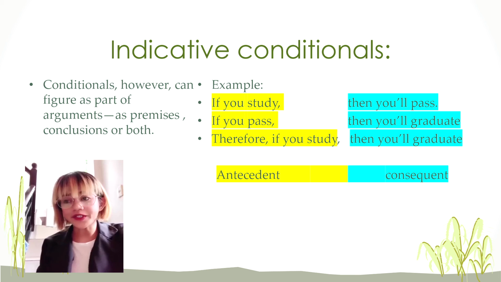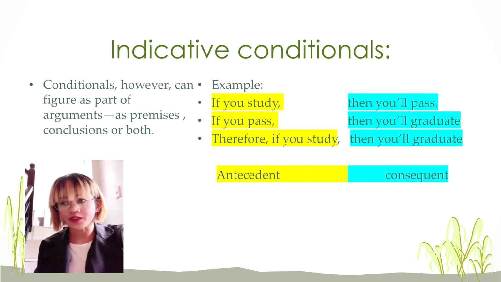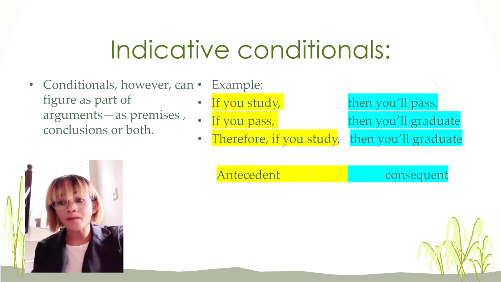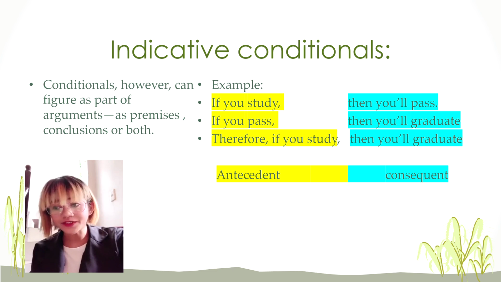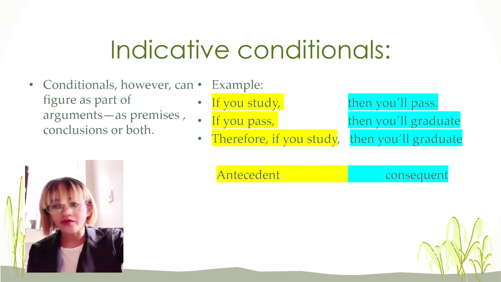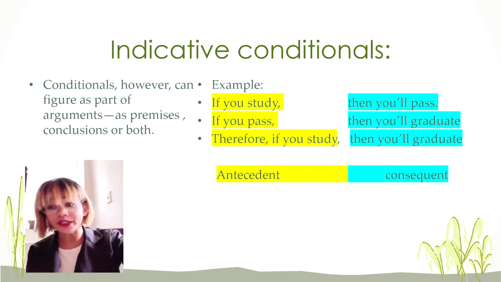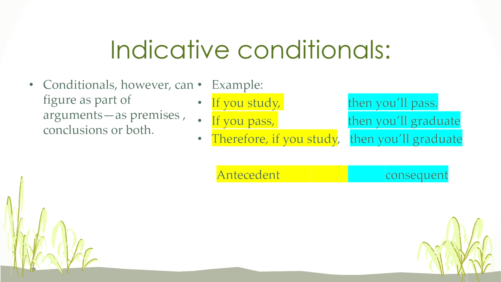So, let's take a look at these examples. If you study, then you'll pass. If you pass, then you'll graduate. Therefore, if you study, then you'll graduate. As you can see here, we have conditional sentences, right? The first two are the premises, and the last one is actually the conclusion.